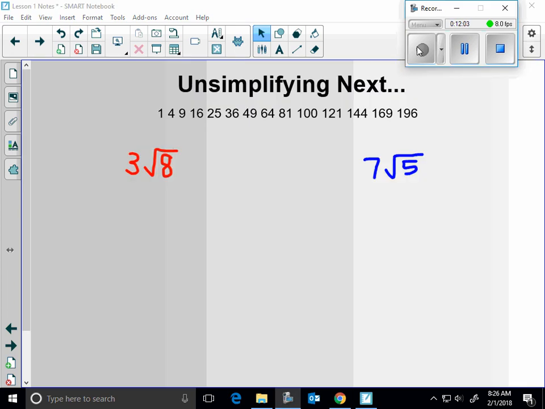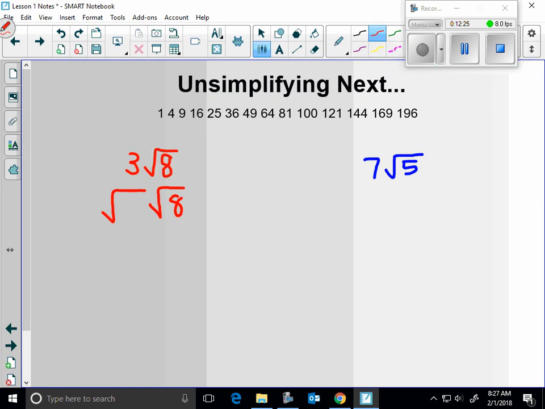Let's go to this idea of unsimplifying. If I want to turn a reduced radical or a partially reduced radical into a single radical, I can unreduce it or unsimplify it. Okay, here's how we would go about that. I want to write 3 as the square root of something. 3 is the square root of 9, right? So 3 root 8 is the same as the square root of 72.